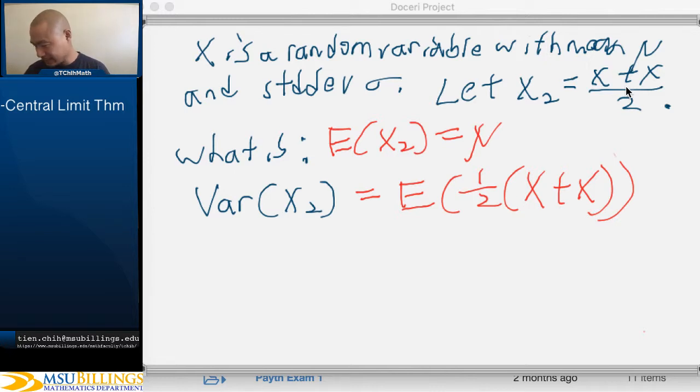But what's different now is that when I pull the 1/2 out of the variance function, I don't get 1/2, I get 1/2 squared.